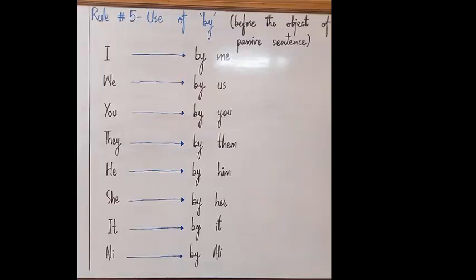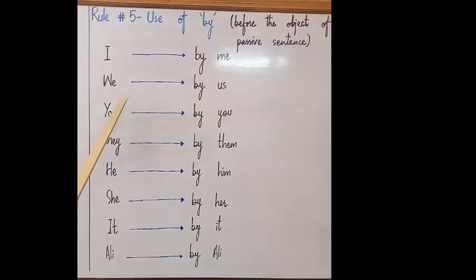When you bring subject of active voice at the position of object in the passive sentence, I becomes me, and before that we use by. Same as when you bring we from active sentence as us in the passive sentence, you use by us.